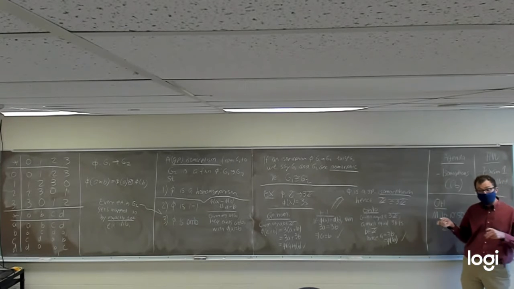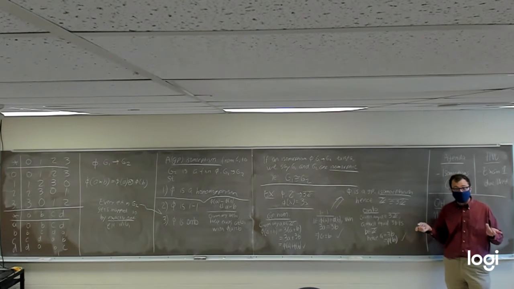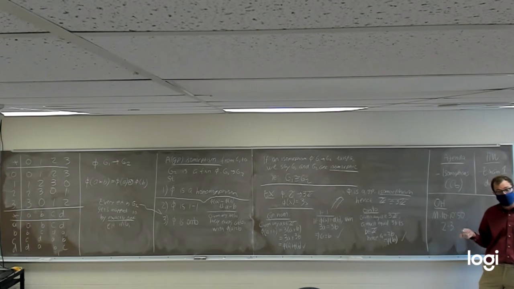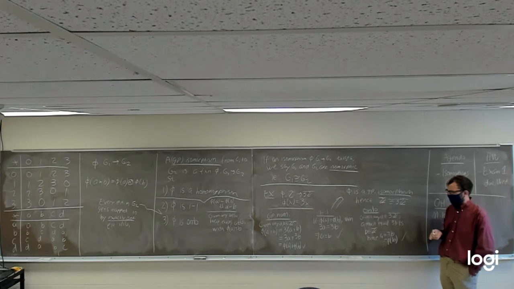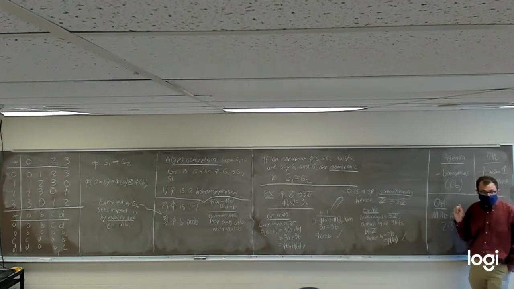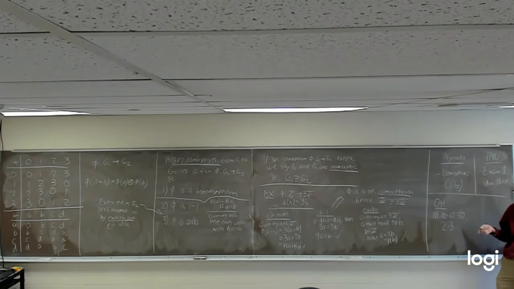Yeah. So the word isomorphism really just means two things that have the same form. I don't know if that's Greek or Latin. I am not a classics person, I cannot tell you. But basically, the word isomorphism really just means two things that have the same form.